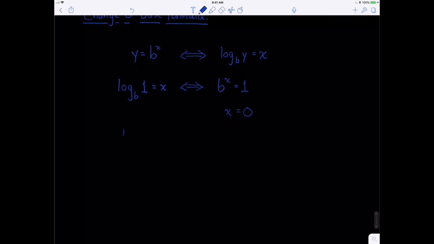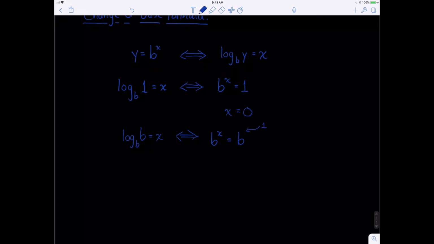All right, let's try another one. How about if I have the log in base b of b? What is that going to give us? Let's use our if and only if. We write it in base b to the x equals what we're taking the log of. Well, we're taking the log of b. Notice we don't write it, but there's always an implied exponent of 1.